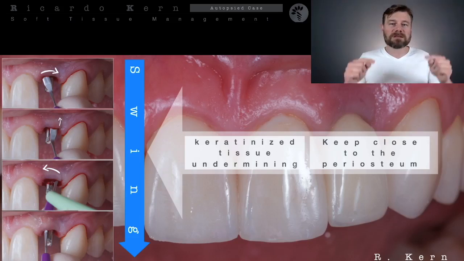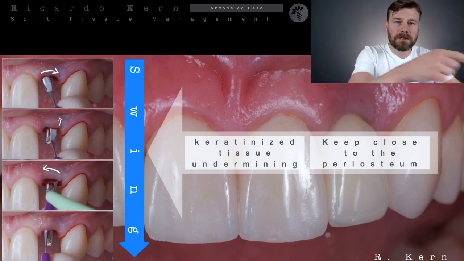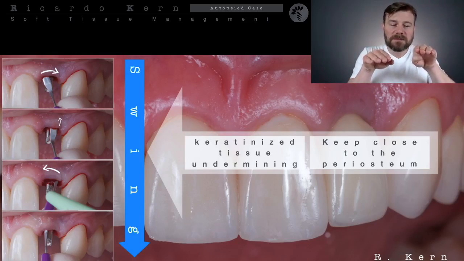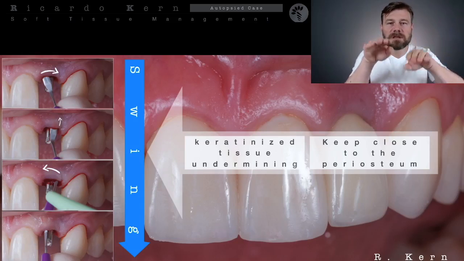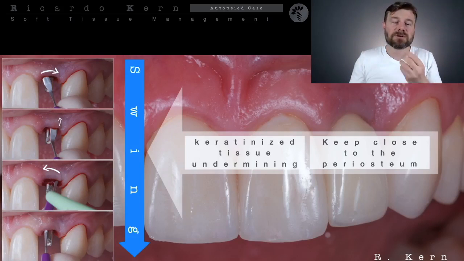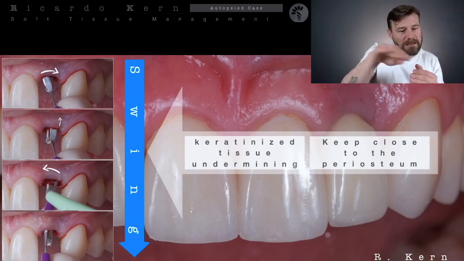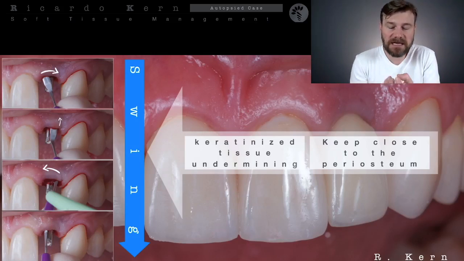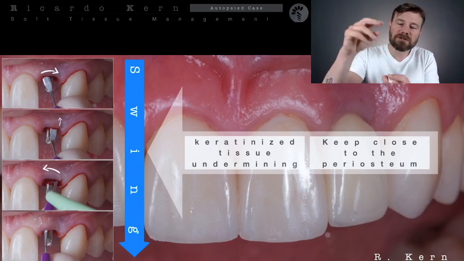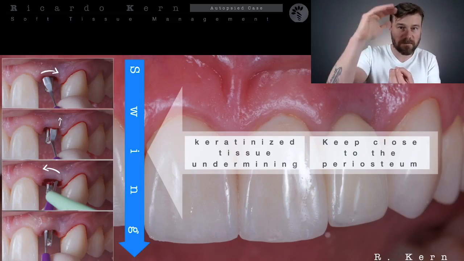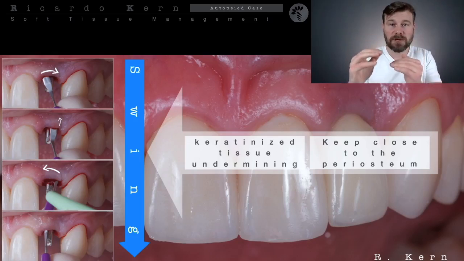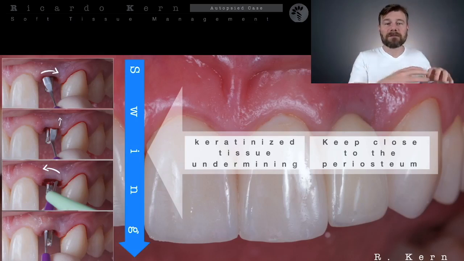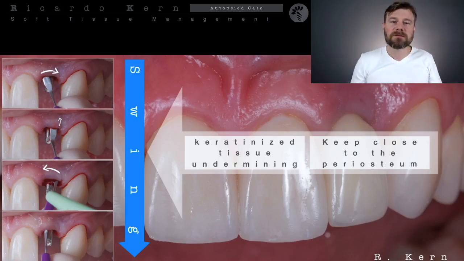What happens when you advance, retreat, advance a lot, is that sometimes you split the tissue at different levels, okay? And it's going to be more difficult for you to connect this area that you advance and retreat. And sometimes you leave some parts of the soft tissue still attached from the flap, from the surface to the ground. So you don't have an open and clear space to bring in your connective tissue inside this tunneling area.